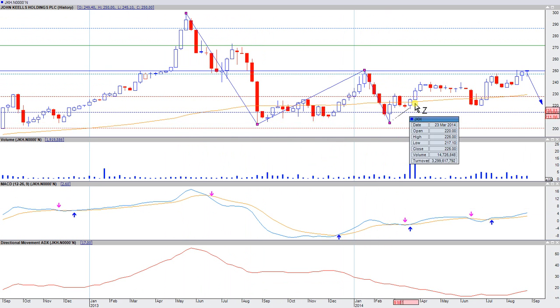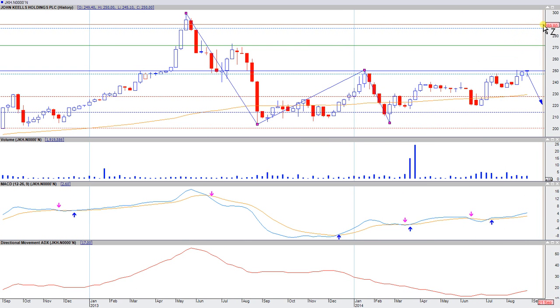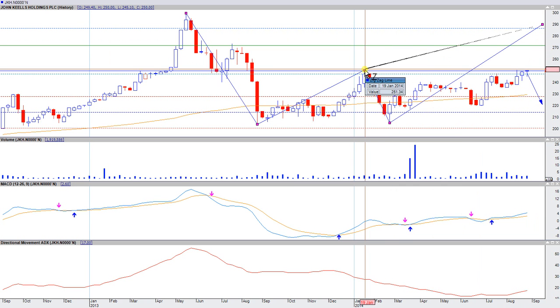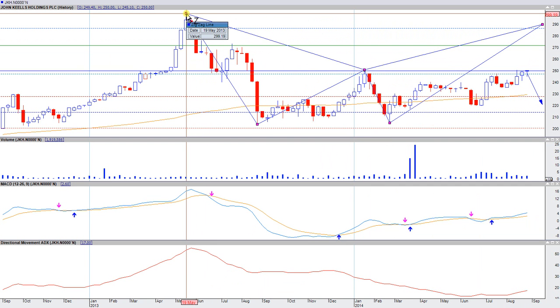Okay, where should it go? Yep, it should go here. Alright, so we are almost like a harmonic, what we are going to see here.